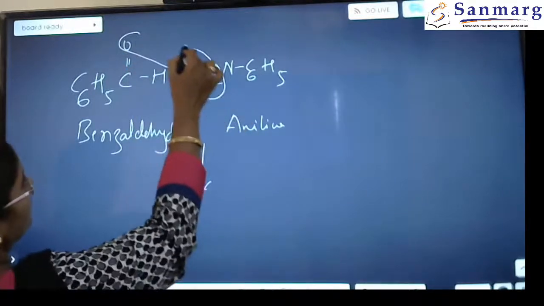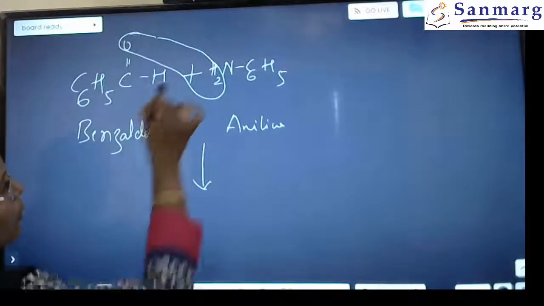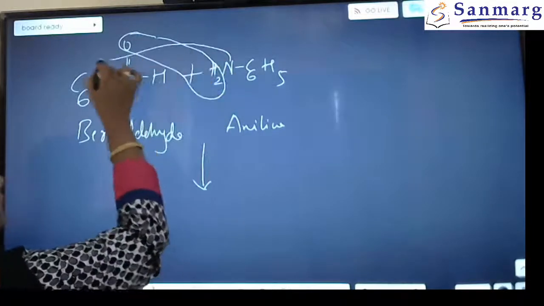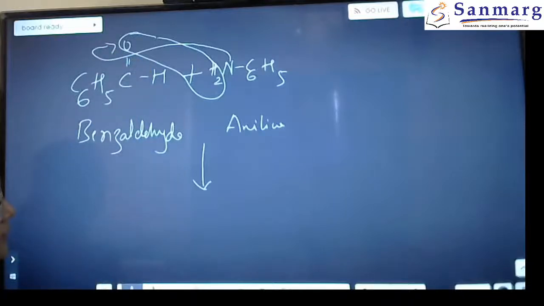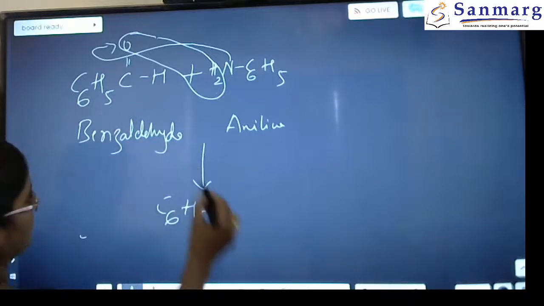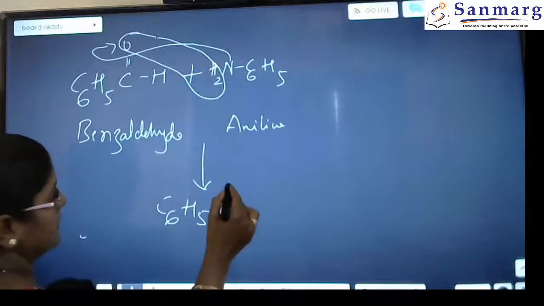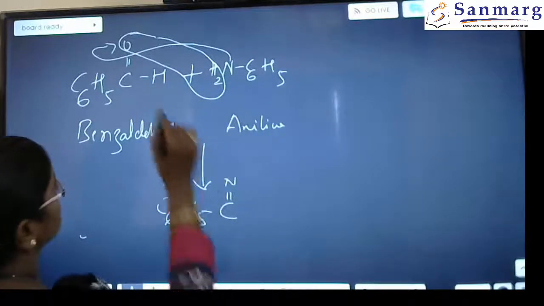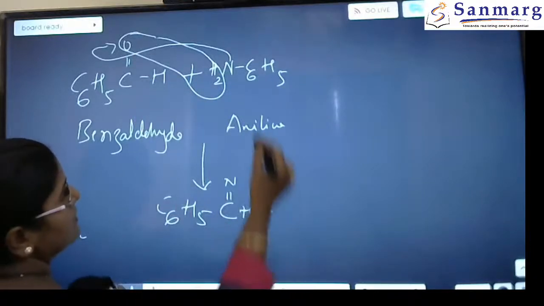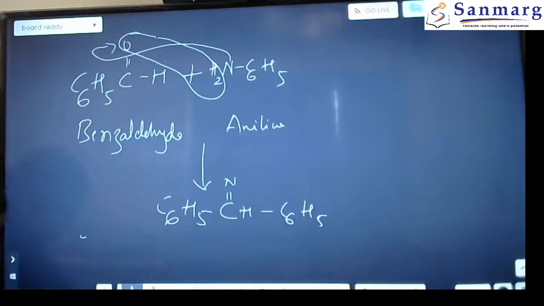H2 from here, oxygen from here. Moreover, the nitrogen is replaced here. So you get C6H5 C double bond N, with H, then C6H5. Such a compound you get here.